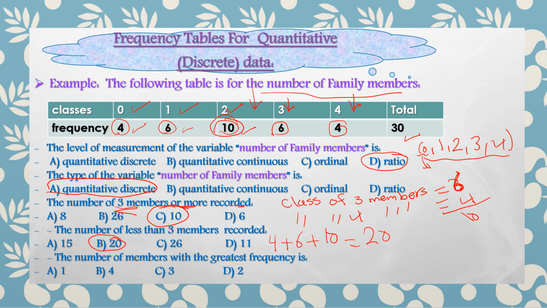So the greatest frequency is 10, for the class of the number of family members equal to 2, and the correct answer is D. As he's asking about the class with the greatest frequency, and the class here is the number of family members equal to 2, the correct answer is D.